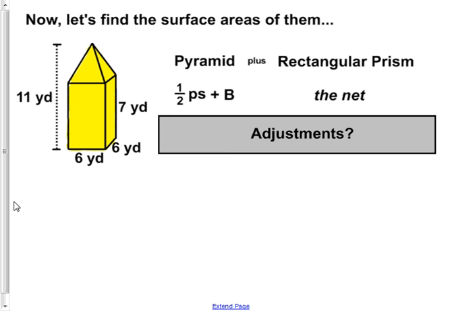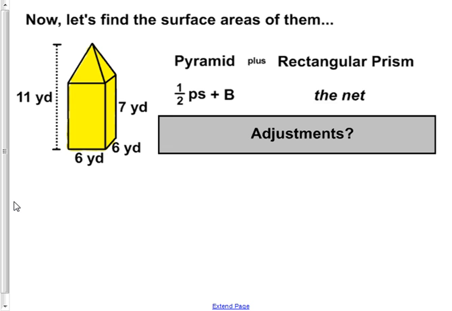Now, as you probably can recall from the little cube activity that we did in class, we learned that when surface area is concerned with composite shapes, we often have 2 figures joining together. And when those 2 figures join together, they actually cancel out some of the sides.